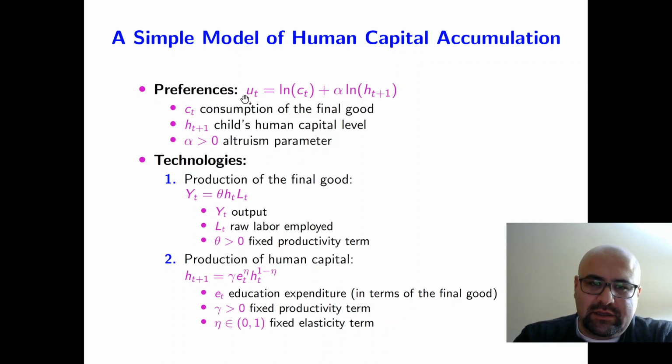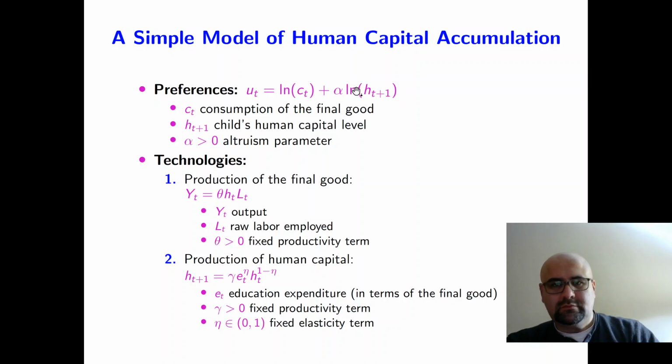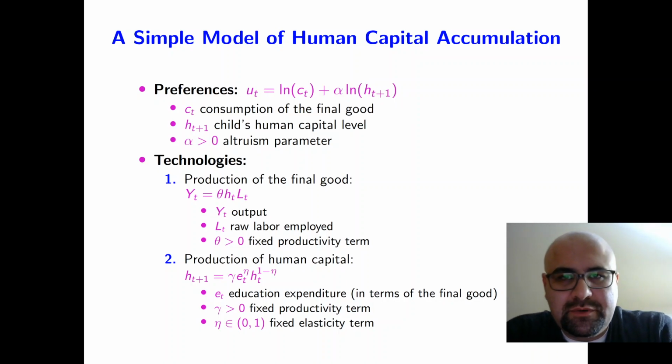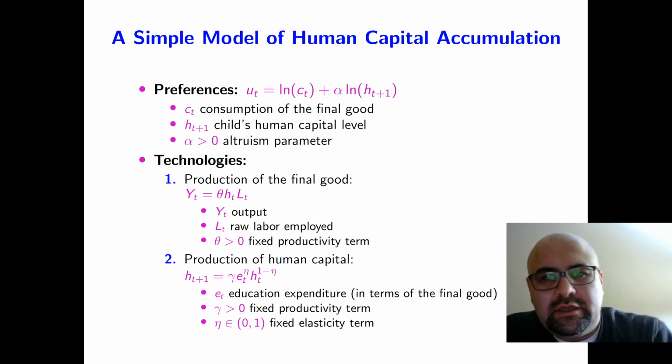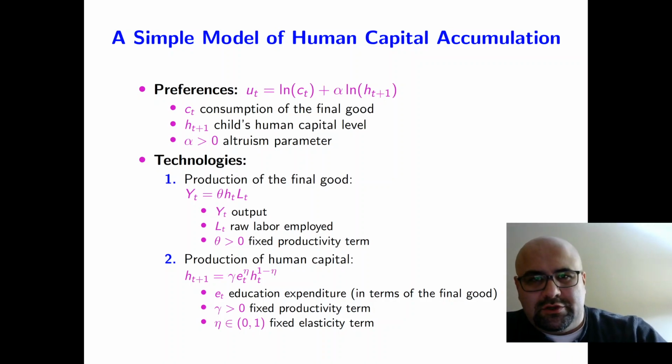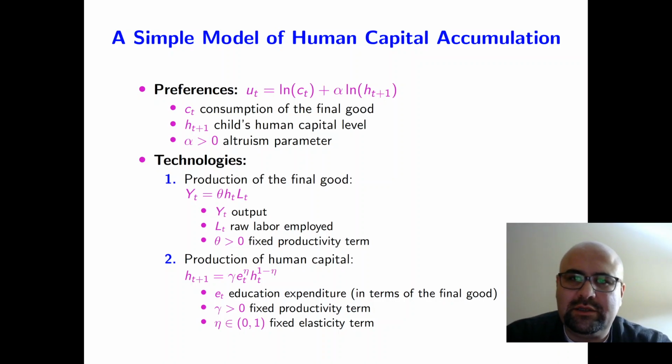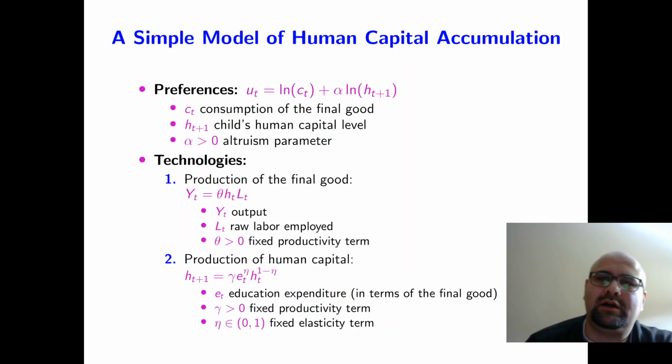Also, there is this term. Now, imagine that this is the utility that an adult of generation T obtains, right? And that depends on consumption at that generation, and also the human capital of the next generation. So here we are assuming that people obtain utility from the skill set or the human capital of their children. All right. Why do we assume that? Well, in more general models, we assume that people are altruistic towards their kids, right?